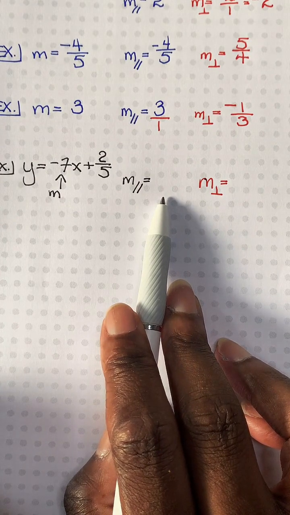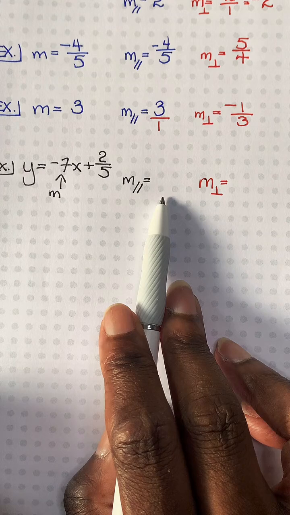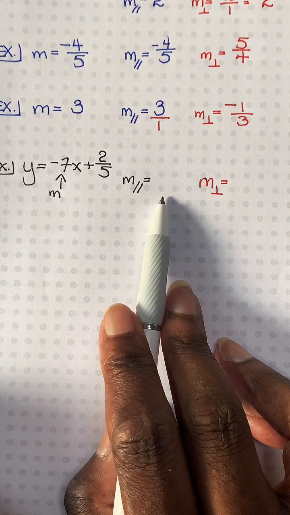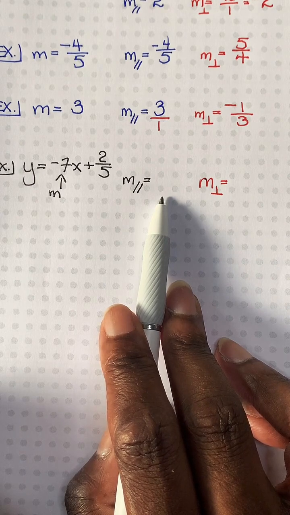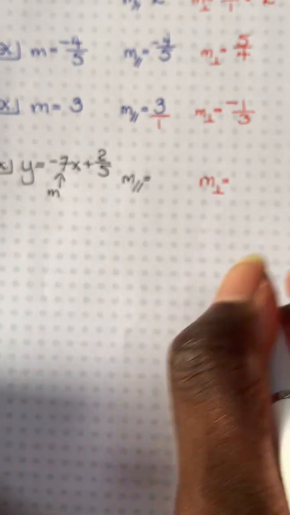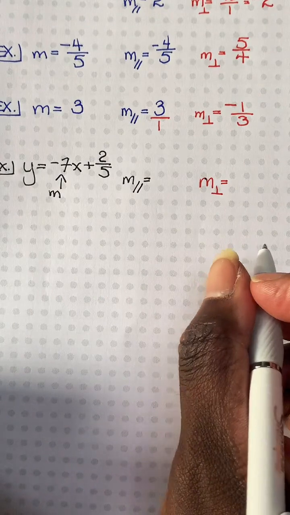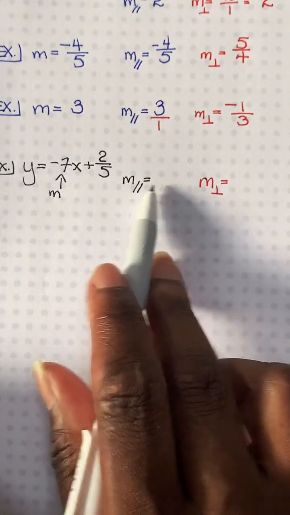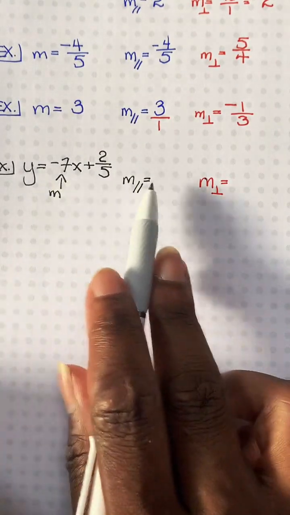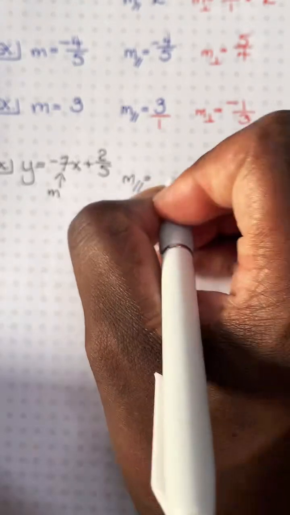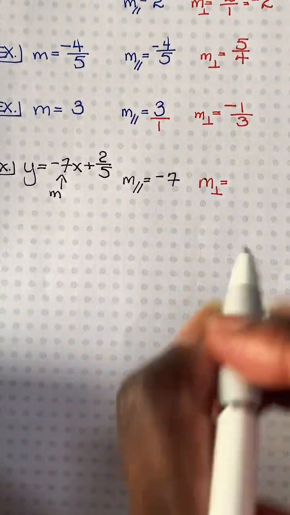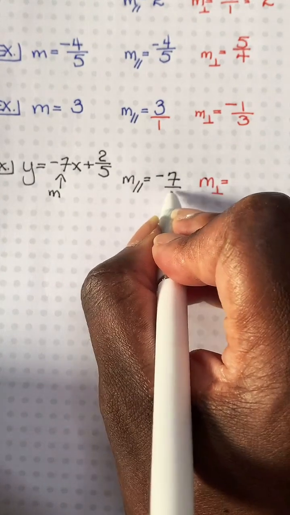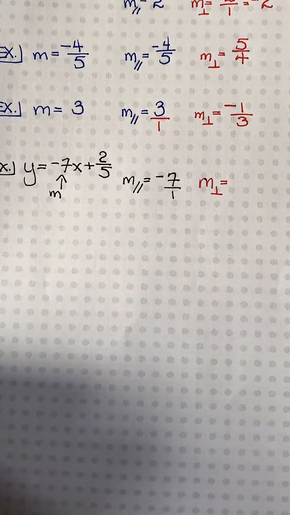Good, we have negative 7, negative 7 over 1. So it is the original. If it's parallel, it's exactly the same. So negative 7. If you want to put negative 7 over 1, you could put negative 7 over 1.